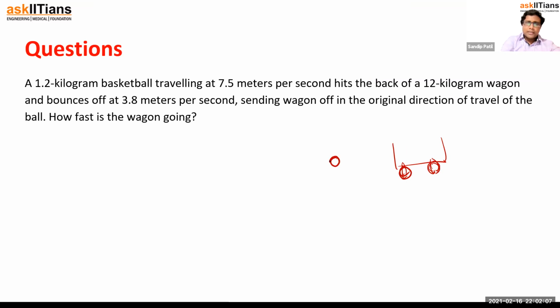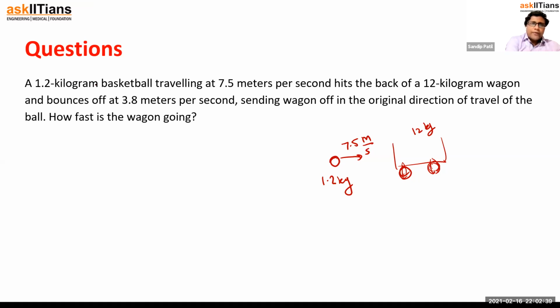The basketball is moving at 7.5 meters per second, its mass is 1.2 kg, and the cart's mass is 12 kg. Initially, the cart is at rest. I told you that in physics, try to draw as many diagrams as you can. It will make things clear, and now this is very easy to understand.